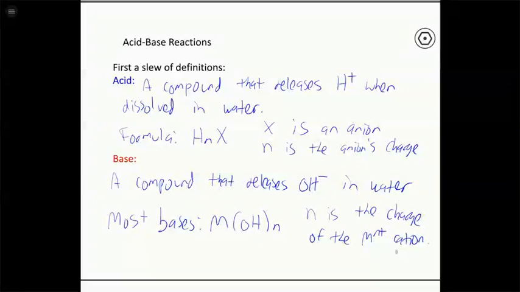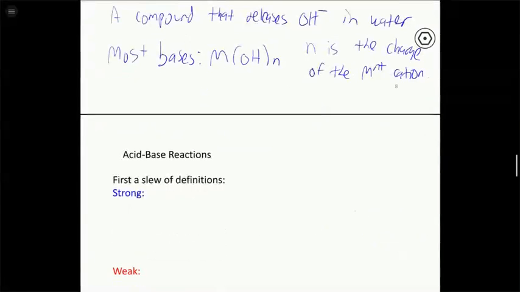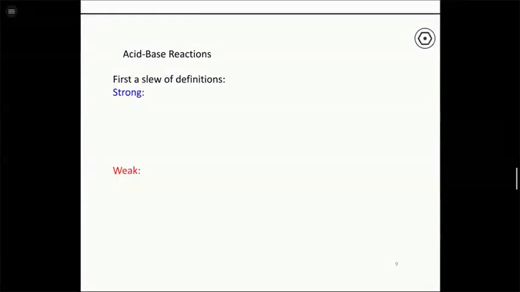Now within acids and bases, we have both strong acids and weak acids, and bases, strong or weak. This is not going to be a terribly important point in this section, although there's some things we want to know about strong acids and strong bases versus weak acids and weak bases. So something that's strong is an acid or a base that dissociates completely.